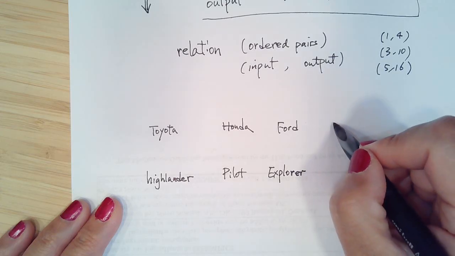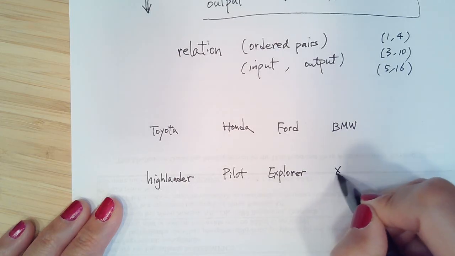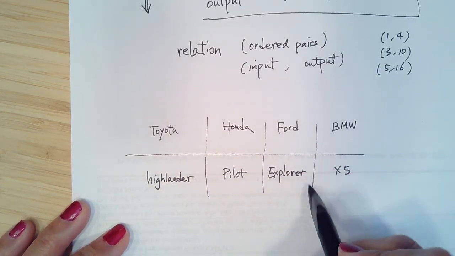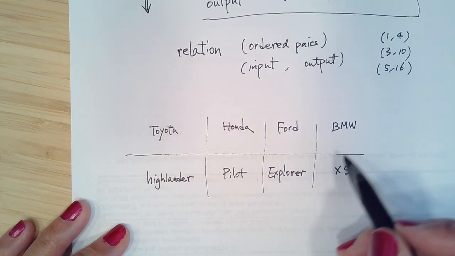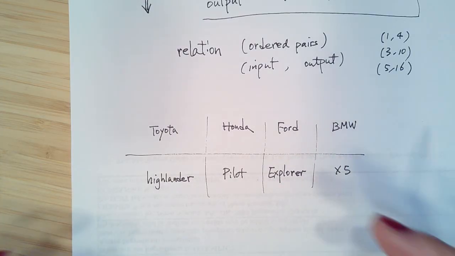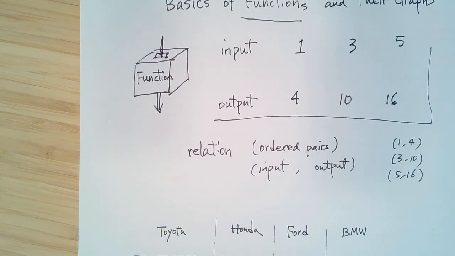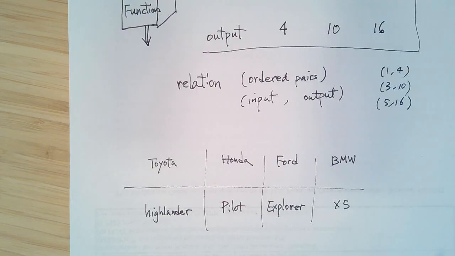And I input a BMW, and out comes X5. You see, they are paired: Toyota Highlander, Honda Pilot, Ford Explorer, BMW X5. So you put in the car make, and what comes out is an SUV, isn't it?